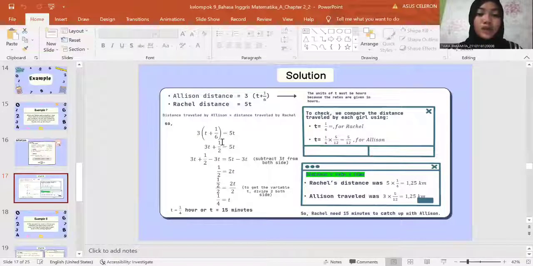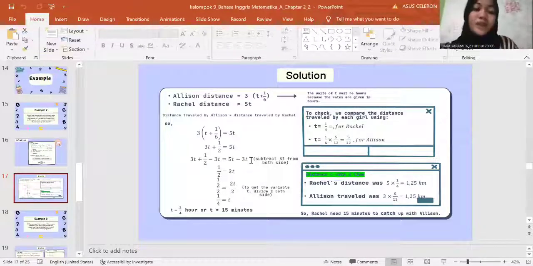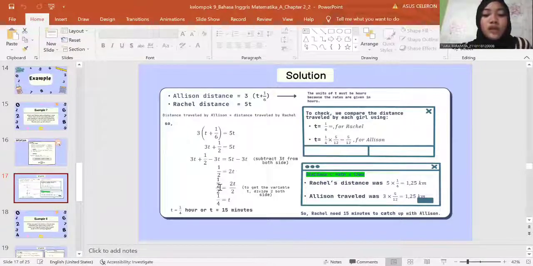3t plus 1/2 equals 5t. Subtract 3t from both sides. 3t plus 1/2 minus 3t equals 5t minus 3t. 1/2 equals 2t. Divide both sides by 2: 1/4 equals t.